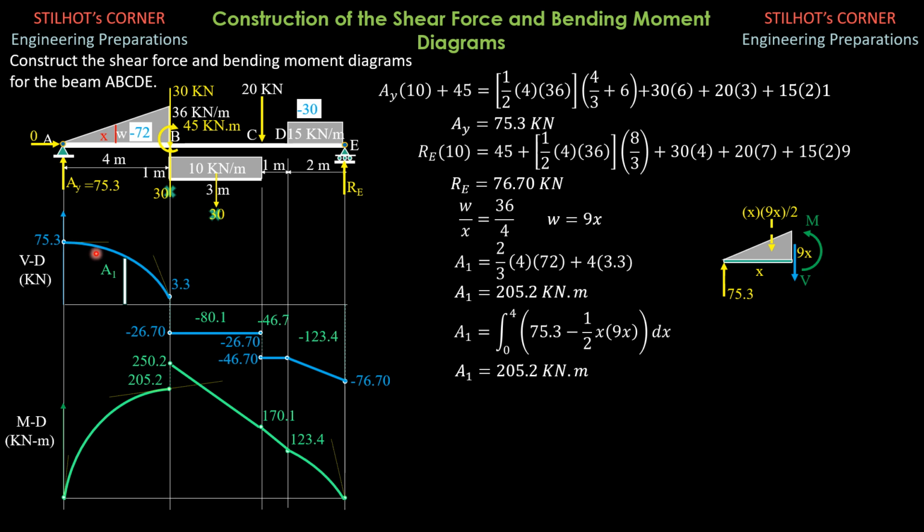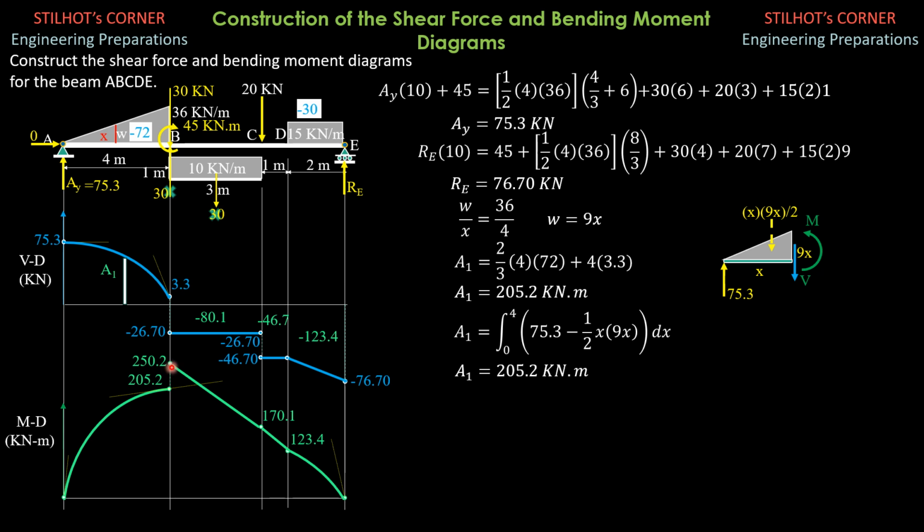Describe the change in ordinates above, interpret it as a change in slope below. So it is positive decreasing, that's a positive decreasing slope. Next, we have 205.2. There is a concentrated couple of 45 clockwise, which is positive. So 205.2 plus 45 is 250.2.